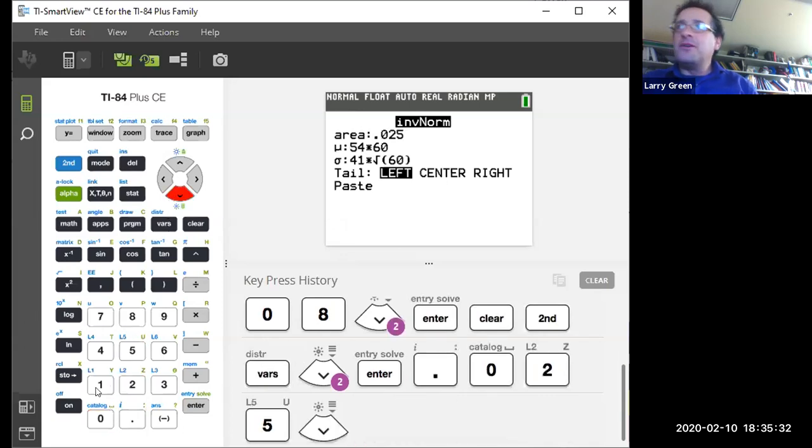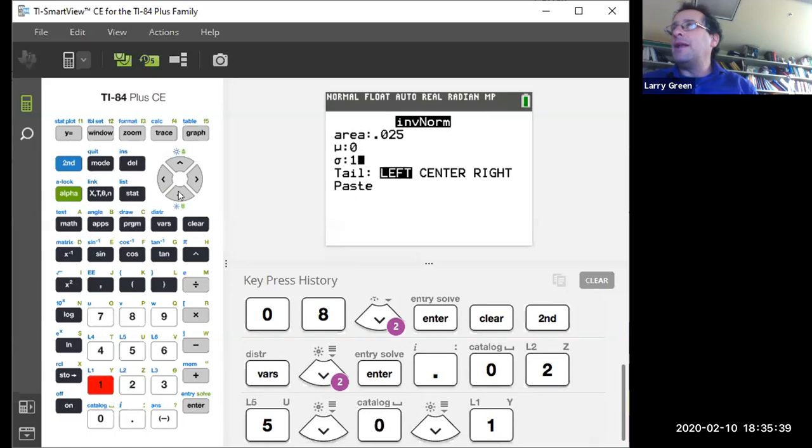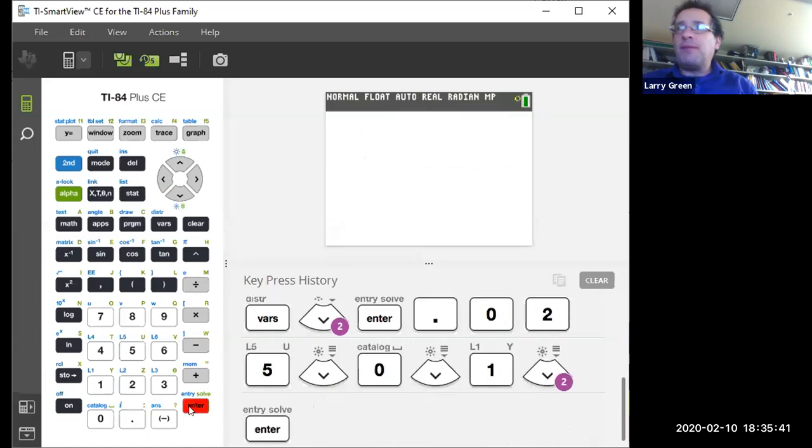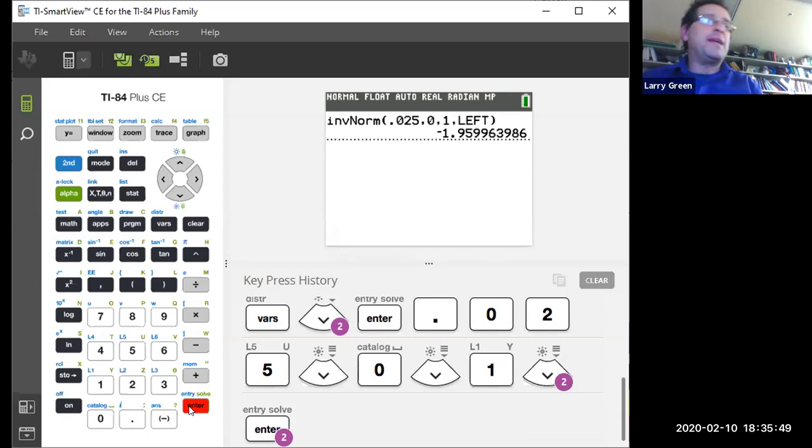My mu is 0 because it's a standard normal, and our sigma is 1. And I paste, and I hit enter. And I get about negative 1.96. The negative doesn't matter because we're going to square that also, so you can ignore the negative. So now we're ready. Z is the hard part on this one.